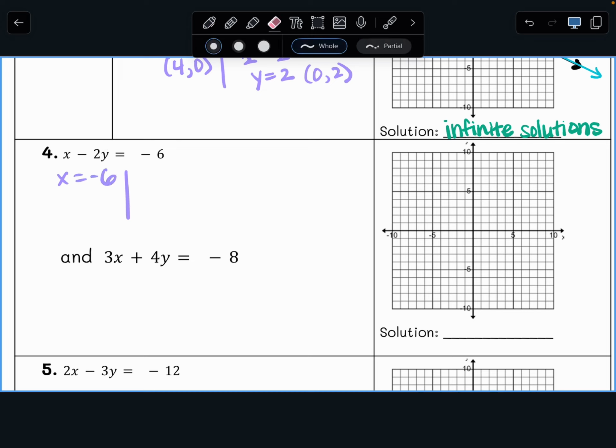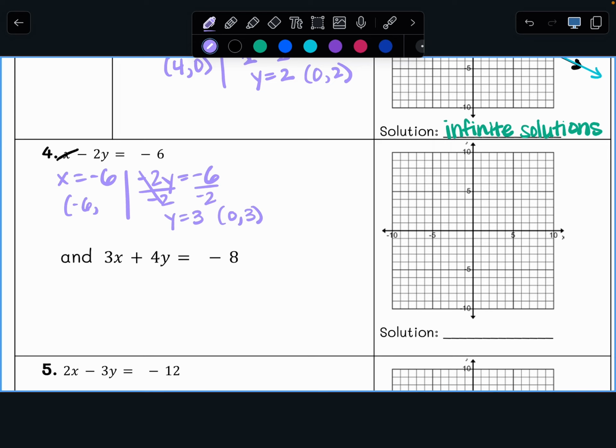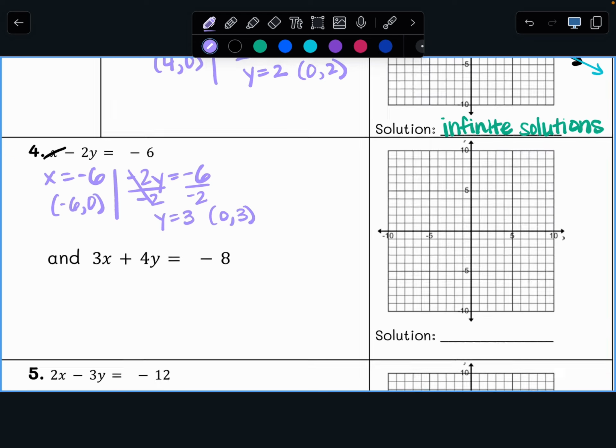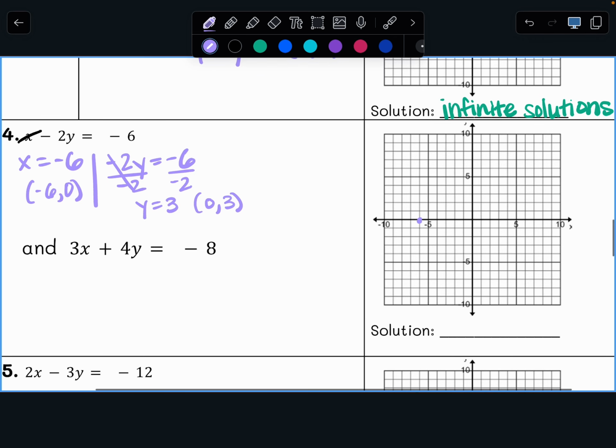Nothing to solve. Let's get rid of x. And then we have negative 2y equals negative 6. Divide by negative 2. Y equals positive 3. So I have a point at 0, 3, and a point at negative 6, 0.